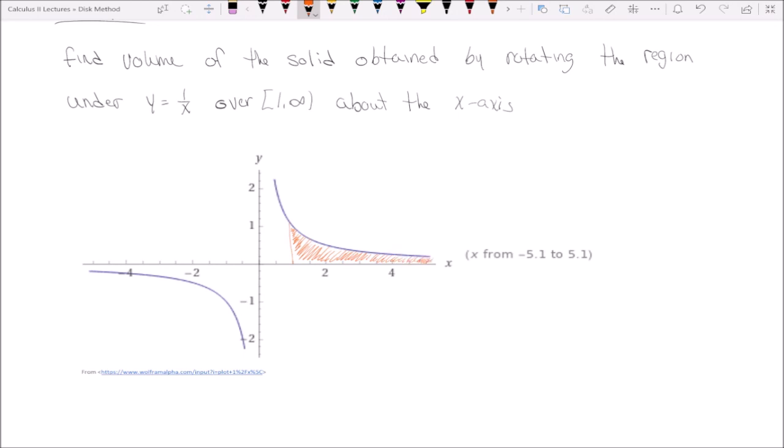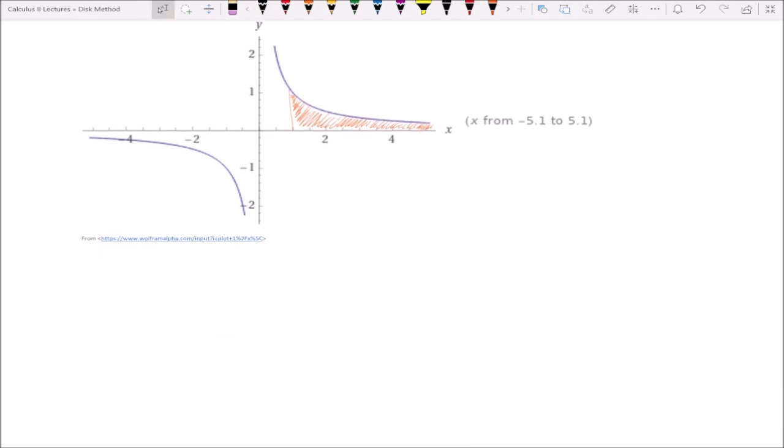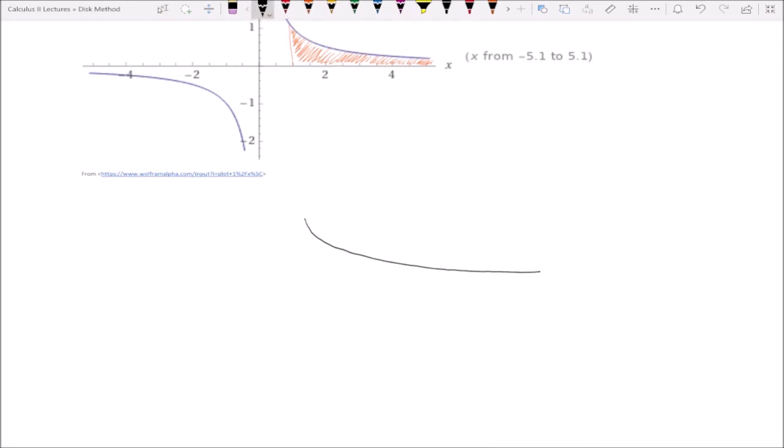And remember, this region is infinite, so it will keep going. Essentially what's going to happen is we will get a shape that kind of looks like this.